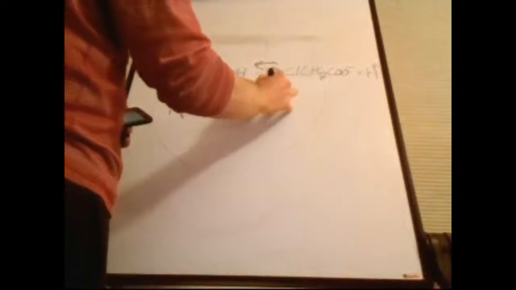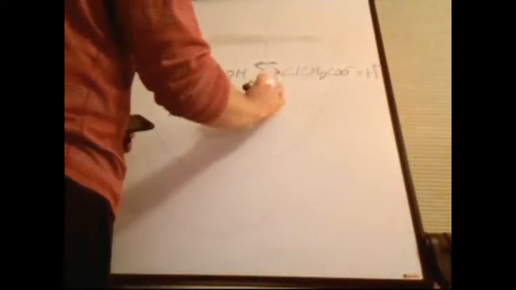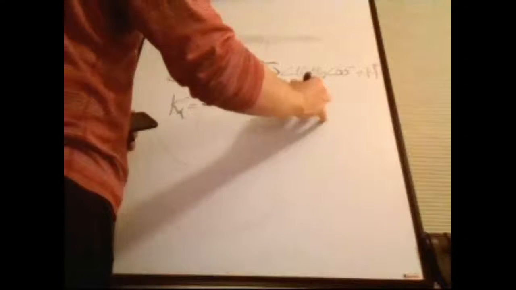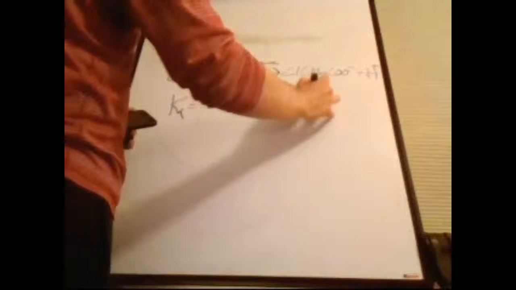So the formula for Ka for this one would be Ka equals the concentration of the ions, which is ClCH2COO minus. We don't have to balance anything because it's just dissociating, so it's 1 to 1. And then we've got the hydrogen ion on top. So products over reactants like usual.